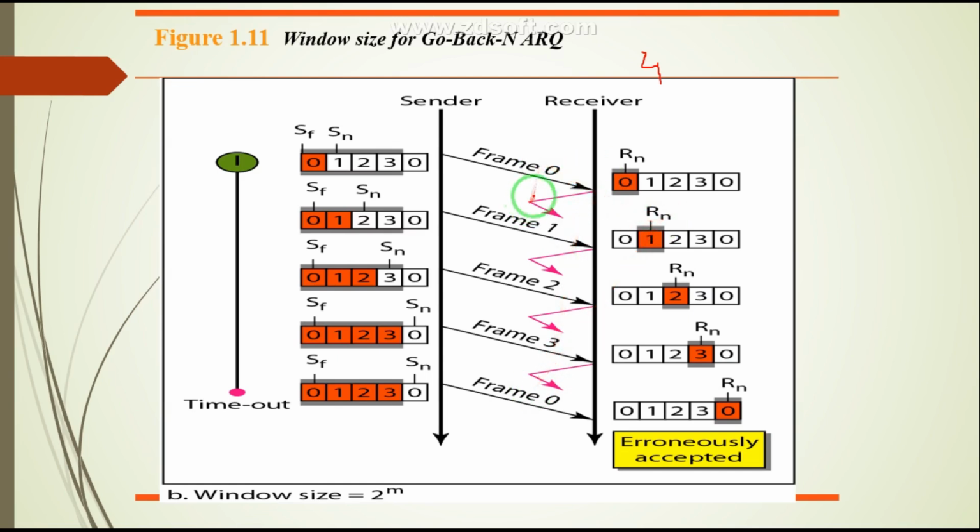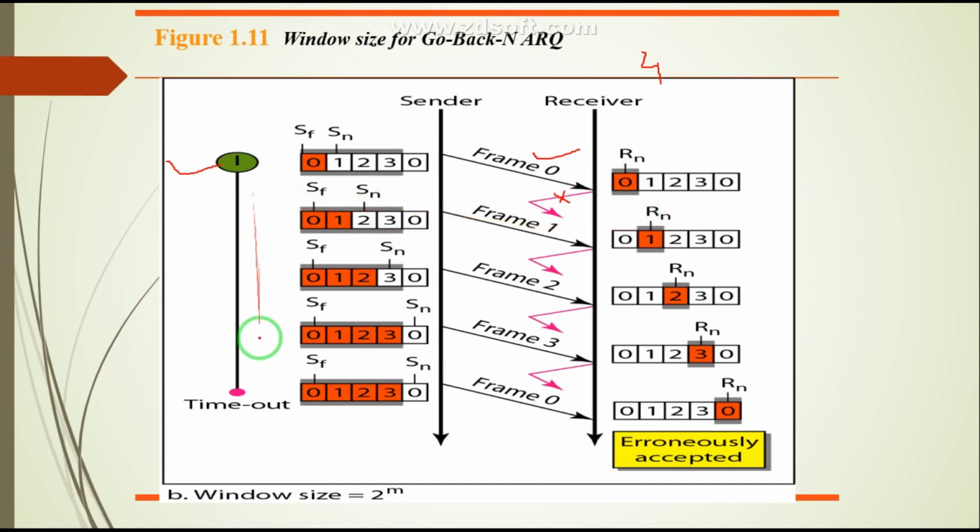Now you would again observe Rn equal to 0. So frame 0 has been sent. Again this acknowledgement gets lost. Since the timer has been started from frame 0, Rn increments by one slot. It shifts to slot number 1. It means it expects frame number 1.